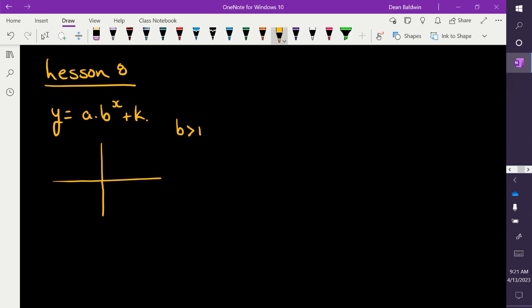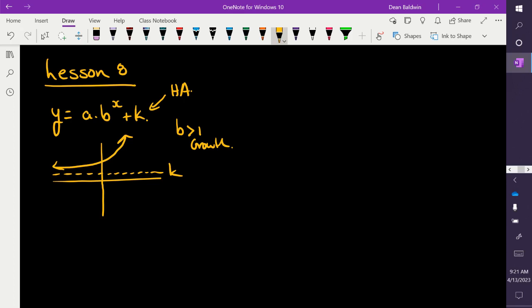It's a growth curve, right? What's the horizontal asymptote? It's k, whatever k is, right? So this is your HA. This is a growth curve. There's k. Now, it could be moved around, but in general, that's its shape, right?